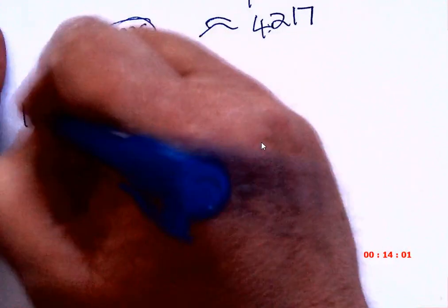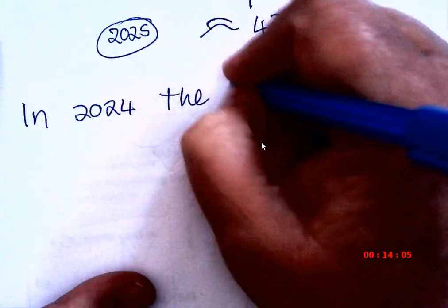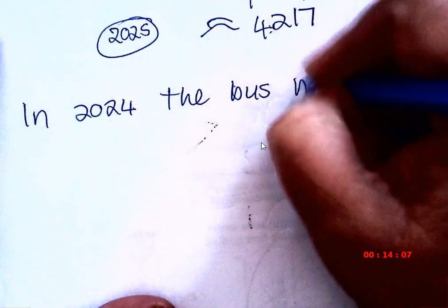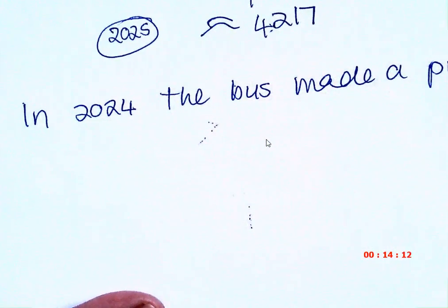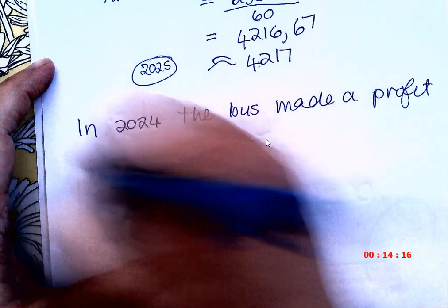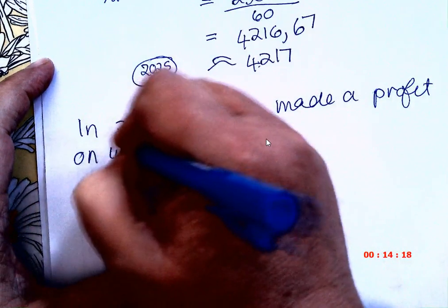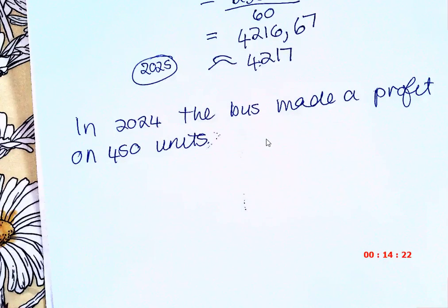So you're going to say, in 2024, the business made profit on 450 units. Now this answer tells me that you made a comparison between the break-even and the production already.